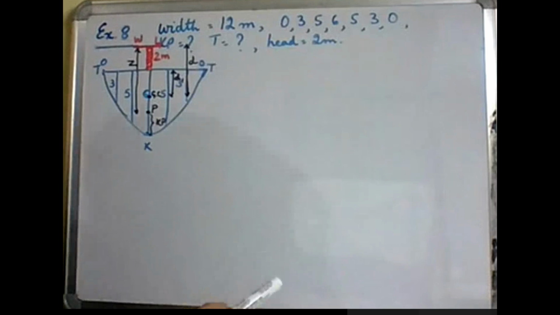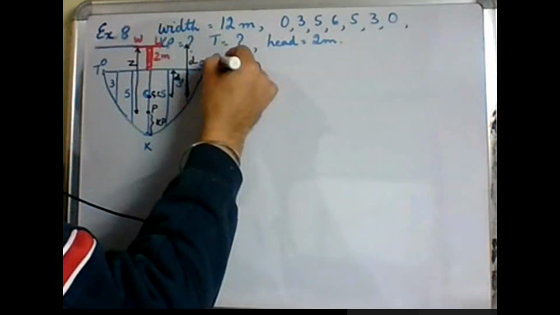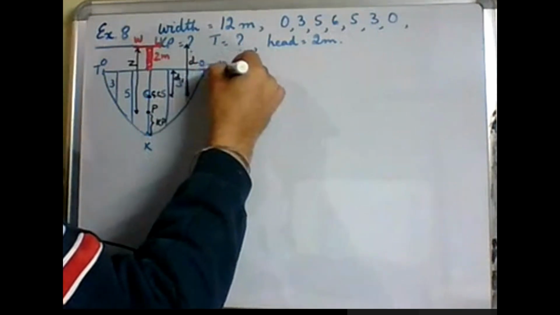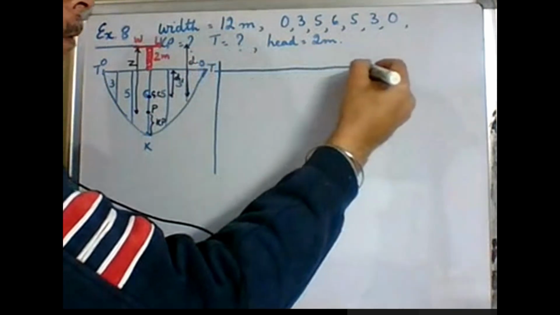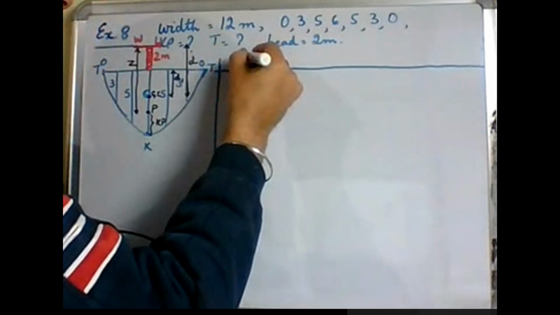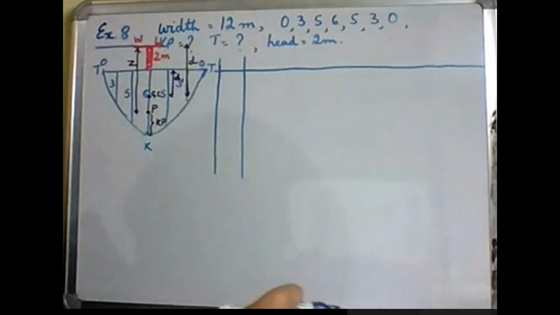Any doubts in the diagram? All okay? All okay, sir. Okay. Let us make a table. What's the title of the first column?